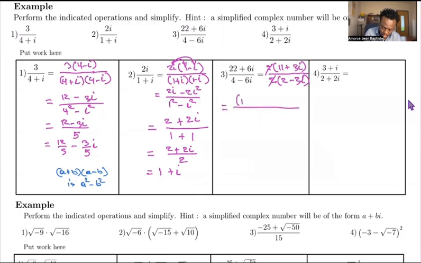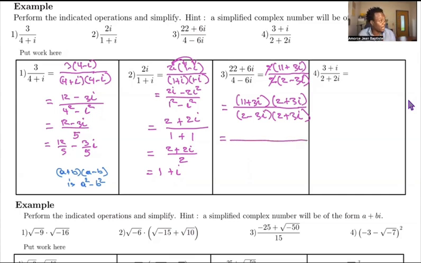So that's 11 plus 3i times the conjugate of 2 minus 3i, which is 2 plus 3i. And then the denominator would be 2 minus 3i times 2 plus 3i. So we distribute the top with FOIL, and the denominator is a minus b times a plus b.